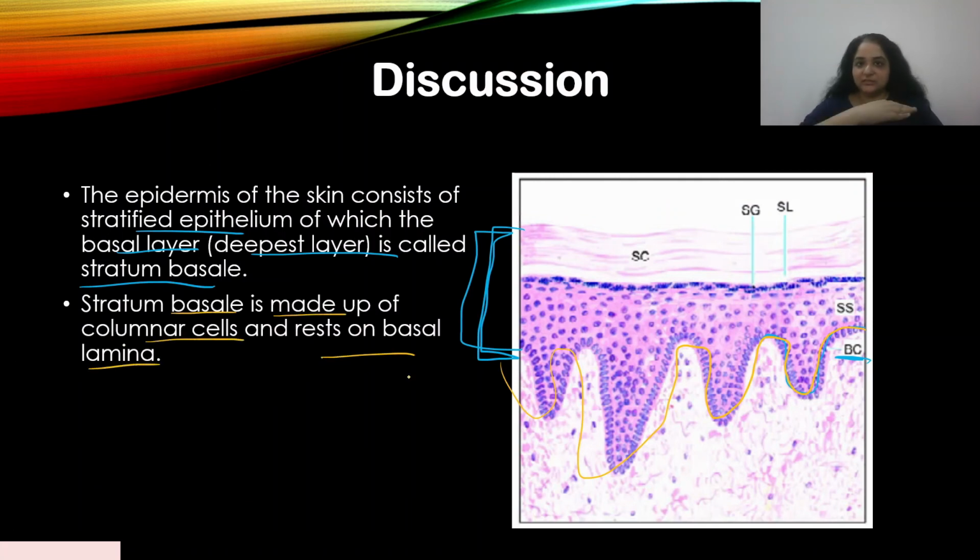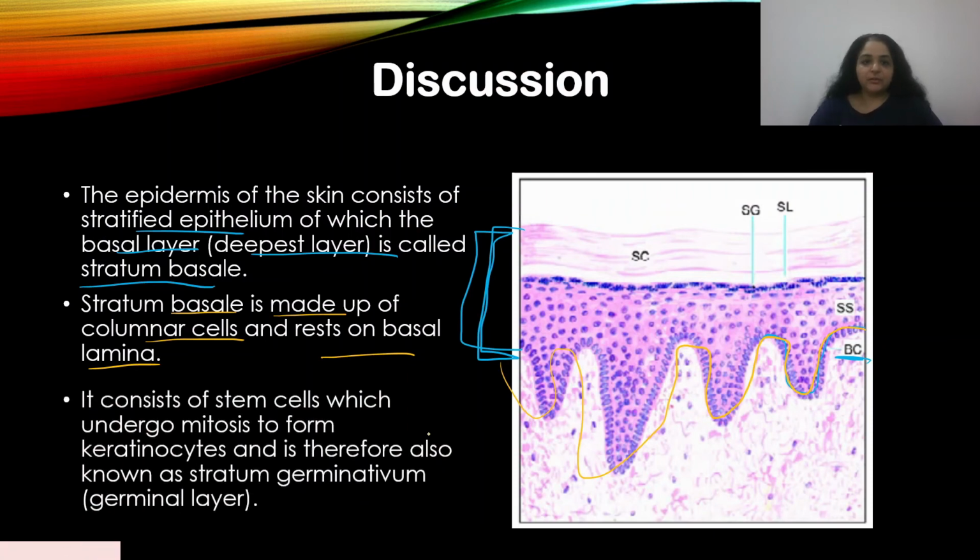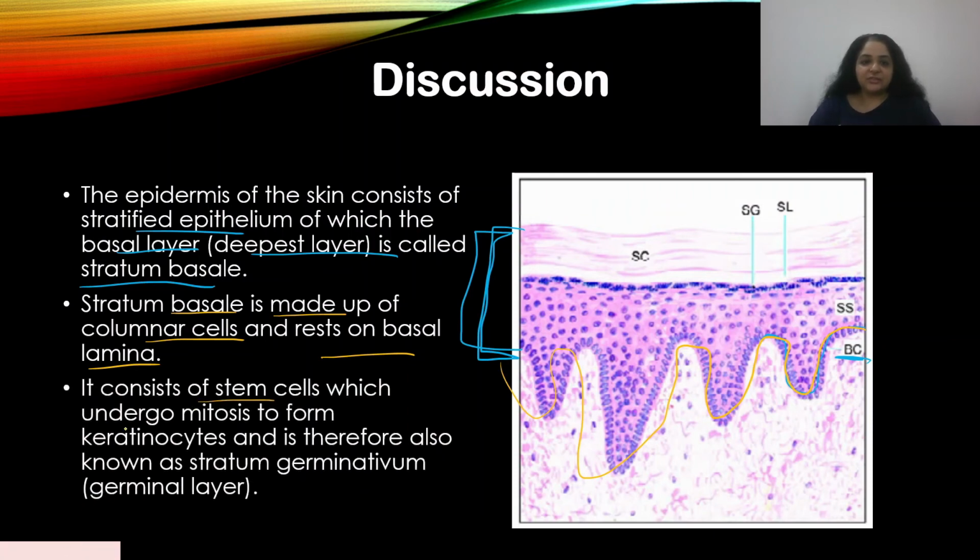It is the lowest or deepest-most layer of the epidermis. Now it consists of stem cells which undergo mitosis to form keratinocytes, and is therefore also known as stratum germinativum, also known as the germinal layer. That is when it is made up of columnar cells.